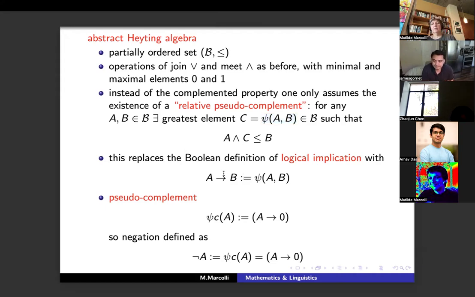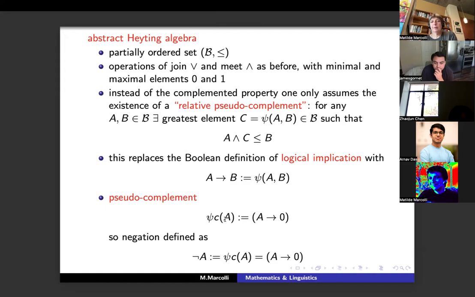And now if you take this as your definition of the logical implication in a Heyting algebra, you have a corresponding pseudo complement, which replaces the negation, the complement of A in the Boolean case.